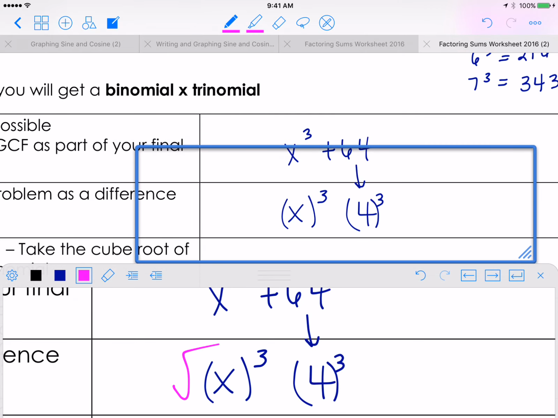I'm sorry if this is confusing. So what we're going to do is take the cube root of each of these, because we've talked about this in class. What does taking a cube root do if something is already raised to the third power? Well, it ends up canceling them out.